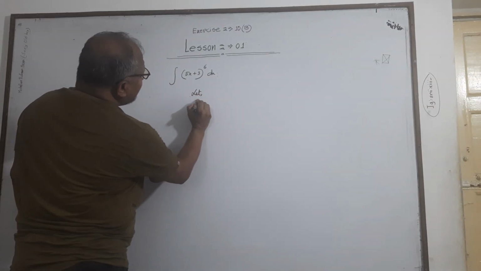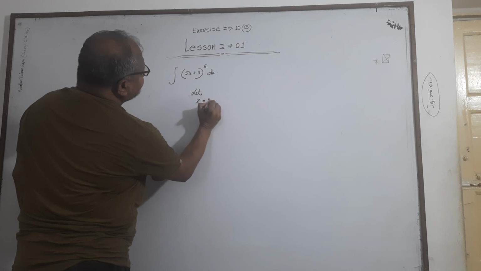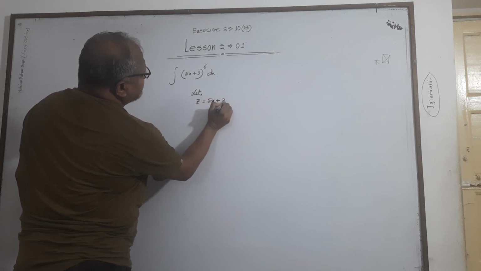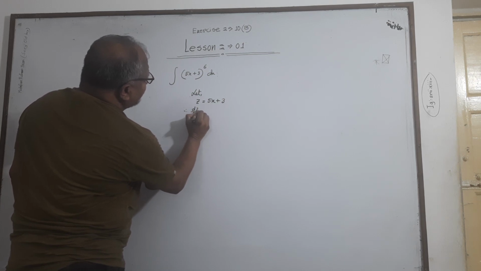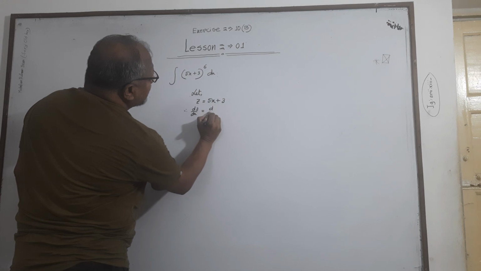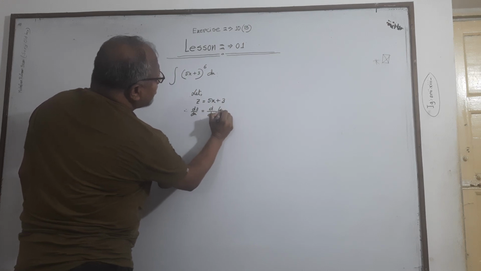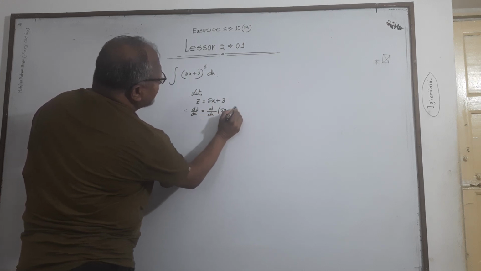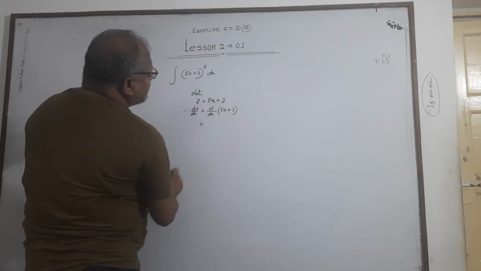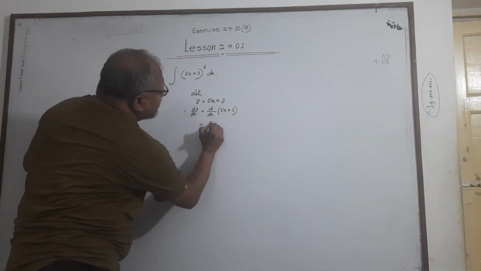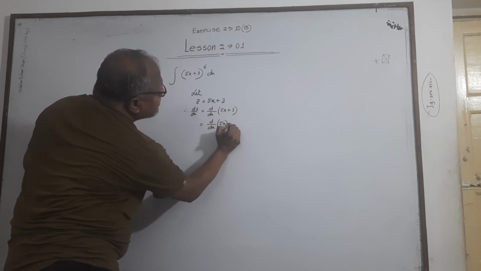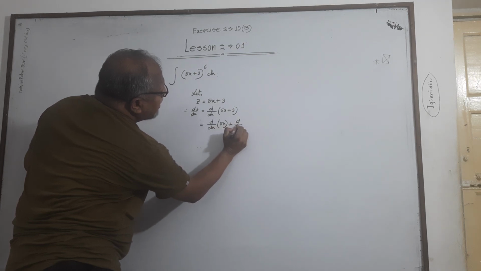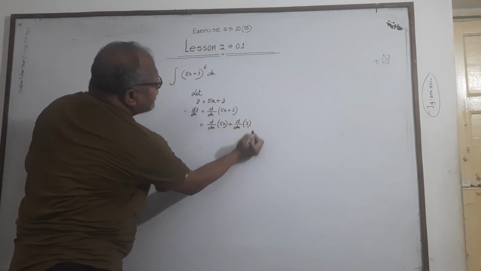Let z equal to 5x plus 3. So, d dx of z equal to d dx of 5x plus 3. So, I can make a differentiation like d dx of 5x plus d dx of 3.